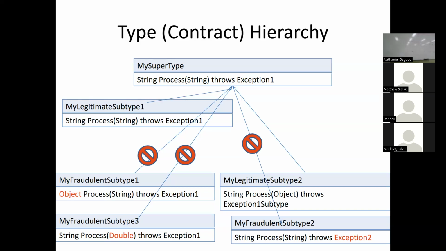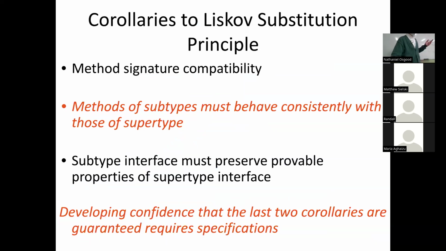If all that the supertype guarantees is it can handle a string, and you're saying I can handle any object, you're fine. But you can't say I'll handle only doubles, thank you very much, right? Because someone will be passing in a string expecting it's going to be fine, as if it's a supertype instance, and suddenly it's going to say that's unacceptable for the subtype. That's a fraud of a subtype.